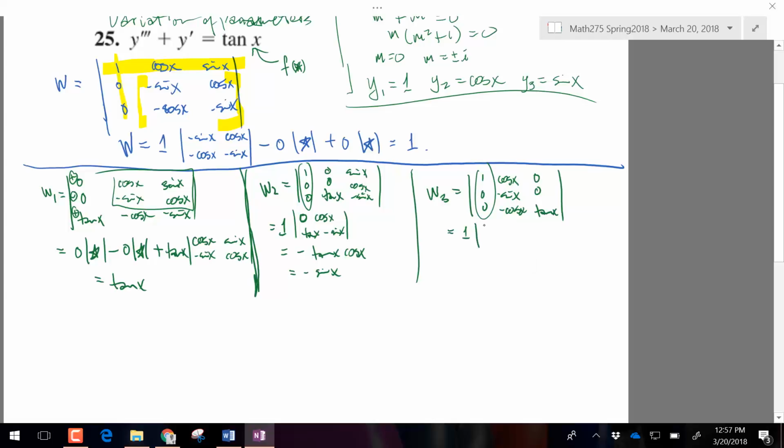It's going to be 1 times sine x, 0, minus cosine x, tan x. So in this case, I will have sine x and tan x. That, for now, I'll leave like that, and then we'll mess with that later on as we need to. Okay, so far?